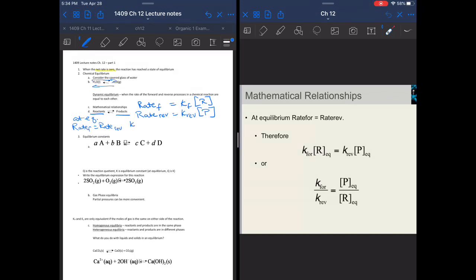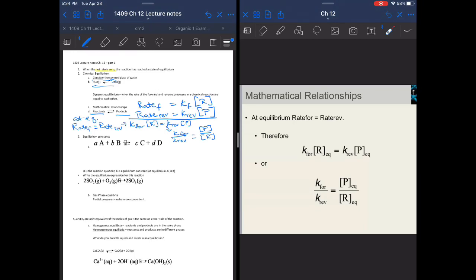K forward times reactants equals K reverse times the concentration of products. And if we rearrange this, K forward over K reverse would equal products over reactants.